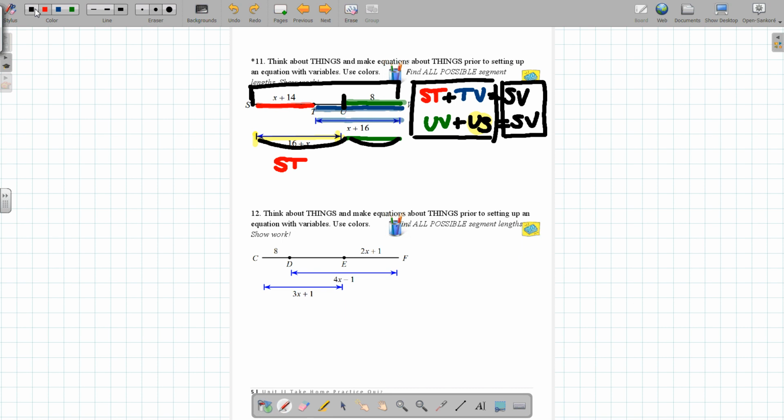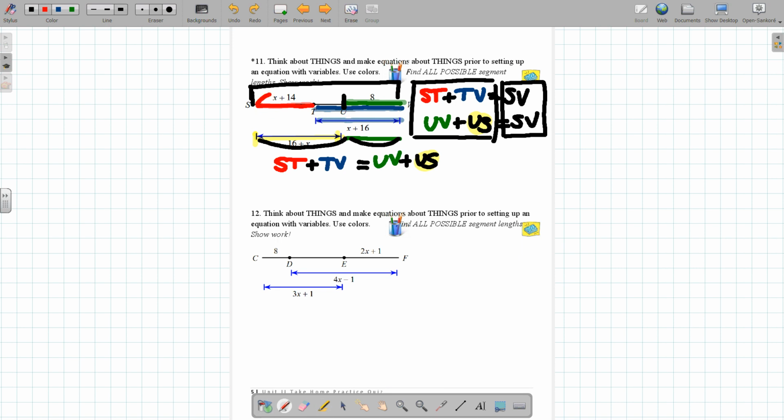ST plus TV, that makes SV. And then we have the green plus yellow, UV plus US, which is yellow, also equals SV. Now that we can see how they combine, now we can do the algebra.